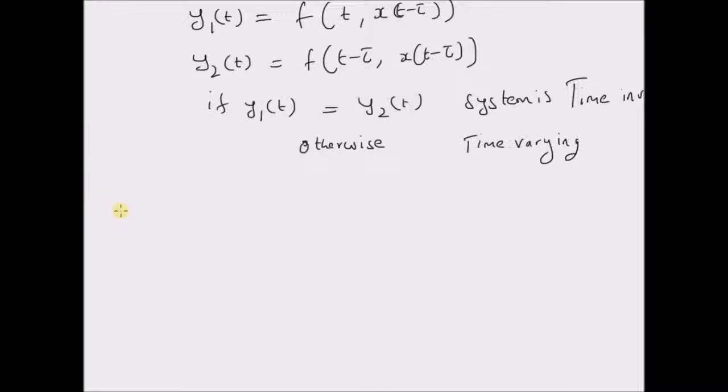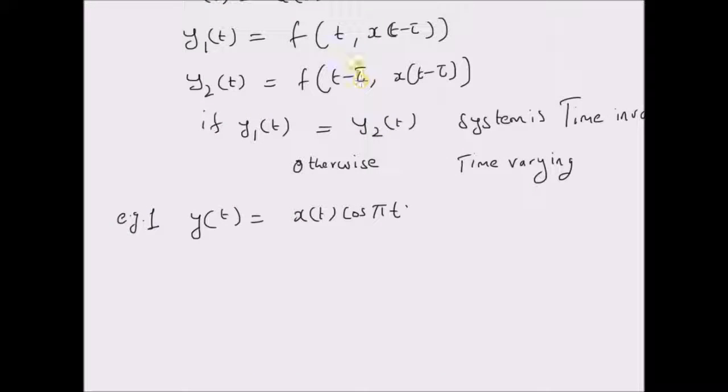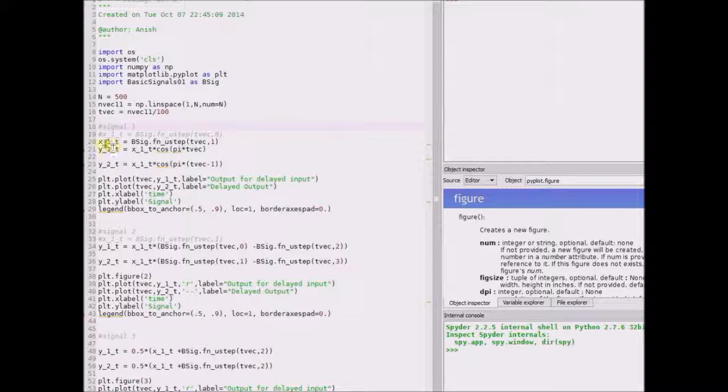So let us look at example 1. Y of t is equal to x of t multiplied by cos of pi t. The input x1 of t is defined as the unit step function delayed by a value of 1.